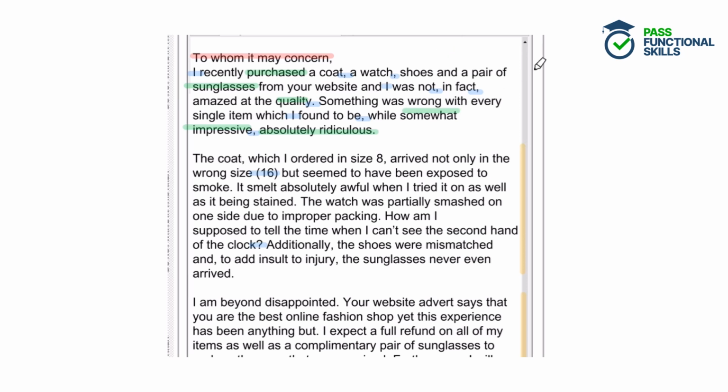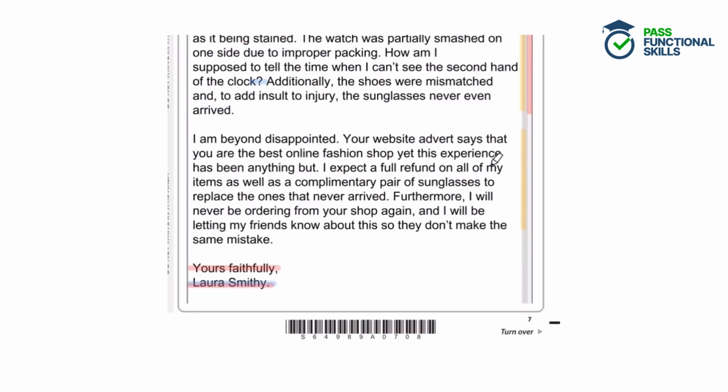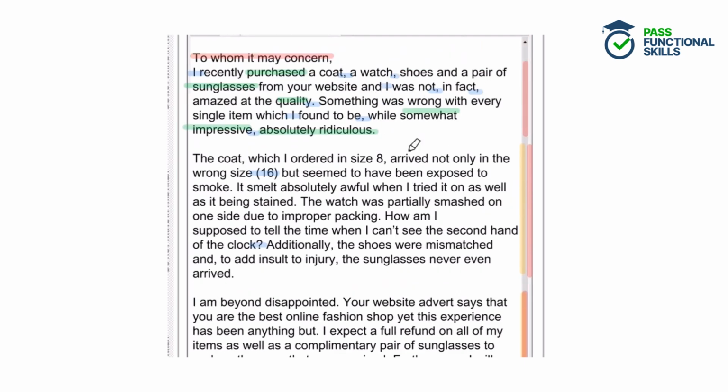So the first paragraph is introducing what the complaint is about. The second one is explaining in detail what was wrong with the items that they bought. And then the final one is showing how they feel about the situation and what they want to happen in the future. So the paragraphs all flow in a logical order.